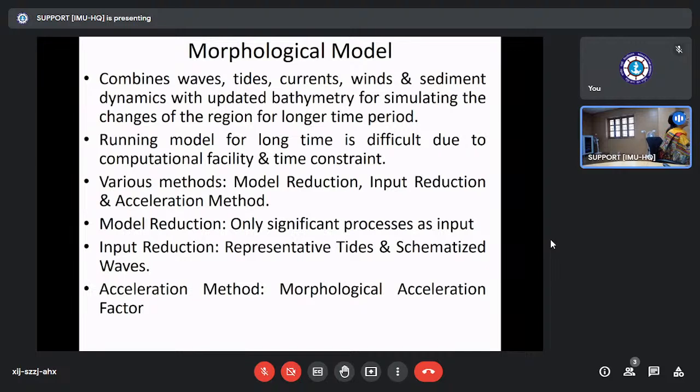So in order to reduce the computational time, effort, time constraints, facilities and high RAM requirement, various methods have been introduced, like model reduction, input reduction, and morphological acceleration methods, which help in reducing the computational time.